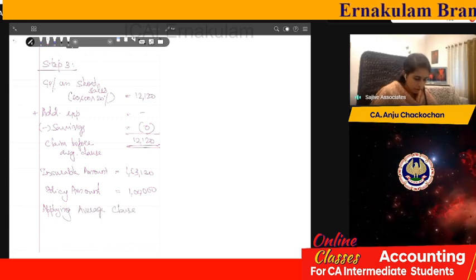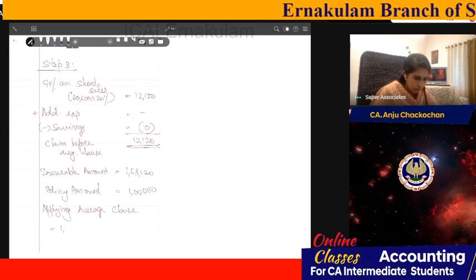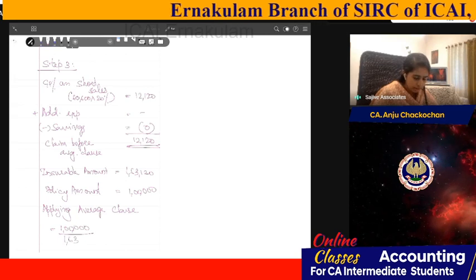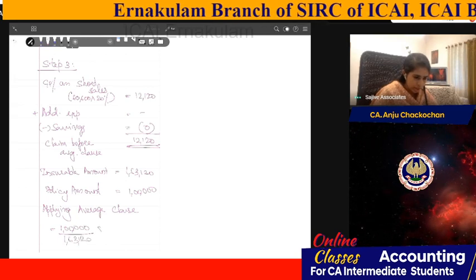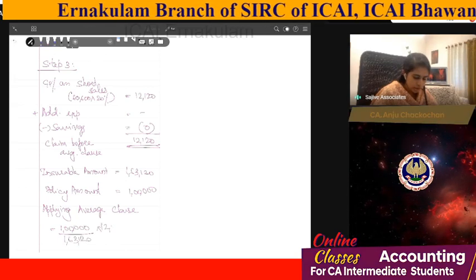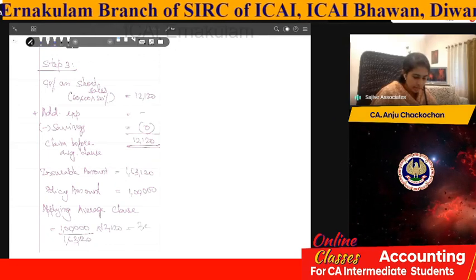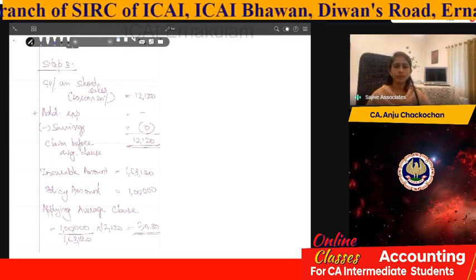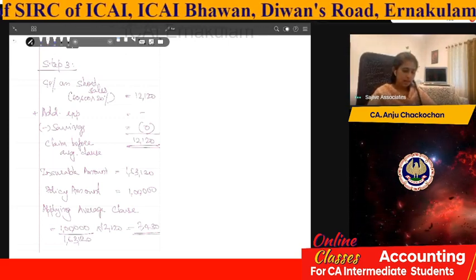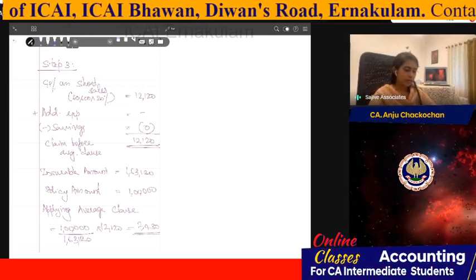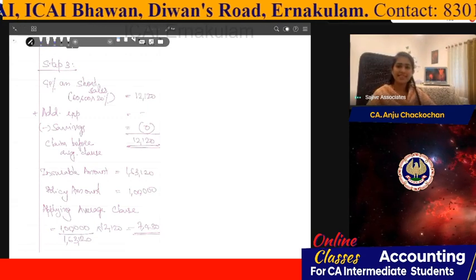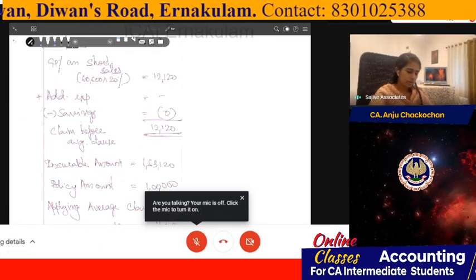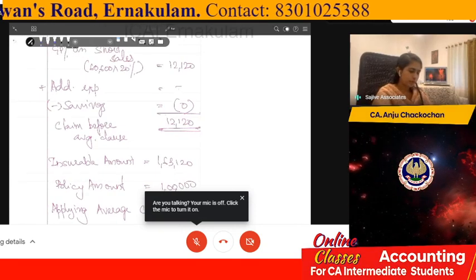Apply average clause, which is 1 lakh divided by 1,63,120 into 12,120. And there you get the answer as 7,430. This is it. Everyone, complete this. 7,430 will be the final answer. I hope it's visible to everyone.